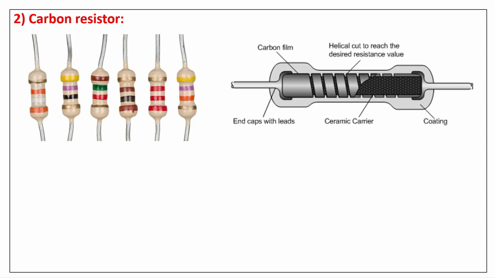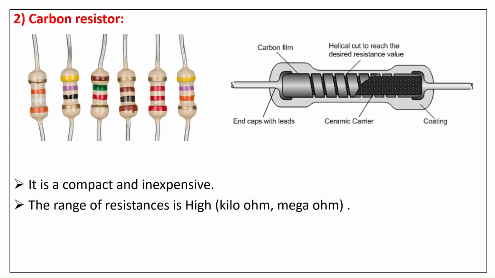2. Carbon resistor. It is compact and inexpensive. Thus they are widely used in electronic circuits. Carbon resistors are available in the higher range of resistances, that is, kilo ohm, mega ohm.